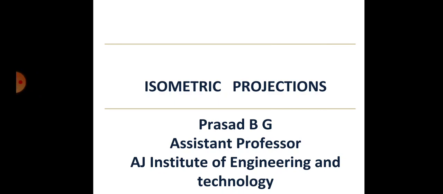All the previous modules that we have been doing, starting from projection of points, before starting that, I told you what orthographic projection is. Orthographic projection means you will be seeing the object and the rays will be falling perpendicular to the board, or perpendicular to the object itself, and the view of that will fall on a plane.